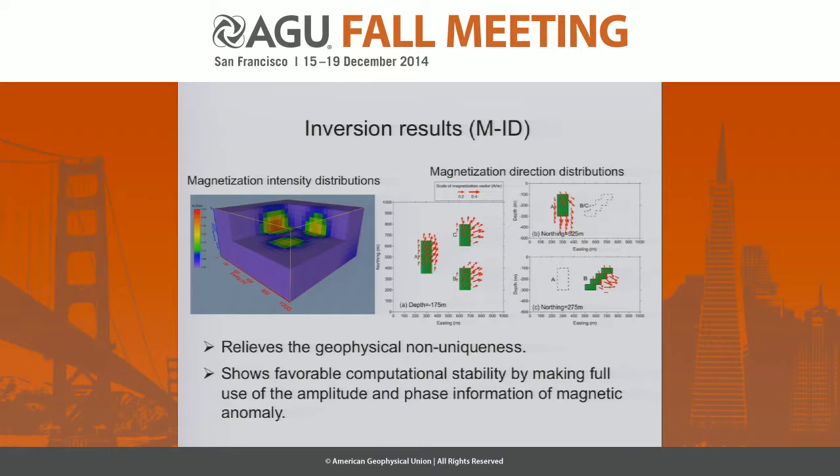The main direction of the magnetization is this direction. There is no east direction and north direction. So this method, in fact, makes full use of the amplitude and the phase information of the magnetic data.